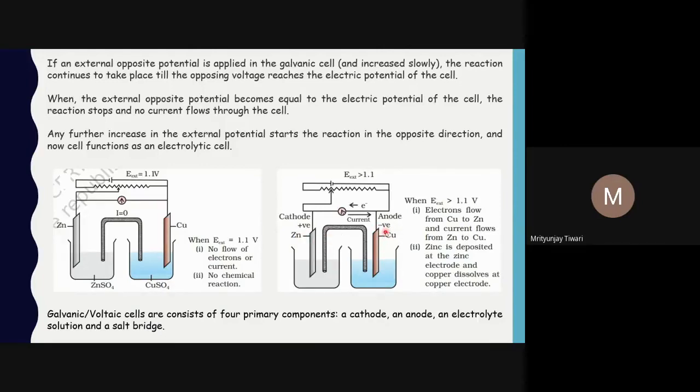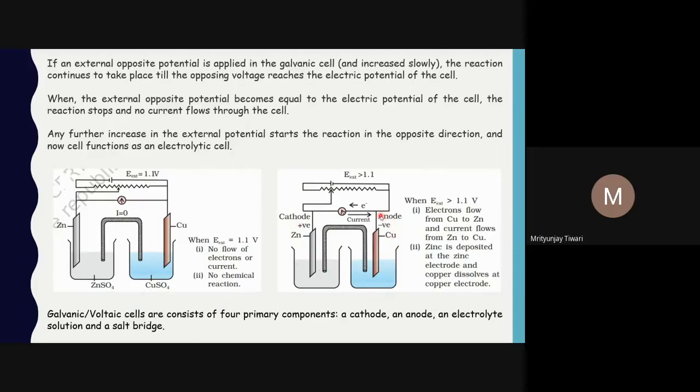In an electrochemical cell, what is negative is the anode. So the cathode will become the anode and the anode will become the cathode. The anode will behave like a cathode and the cathode will behave like an anode.